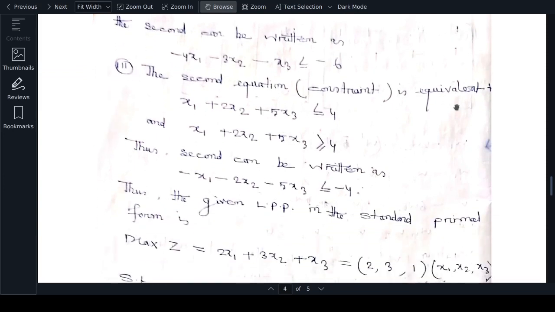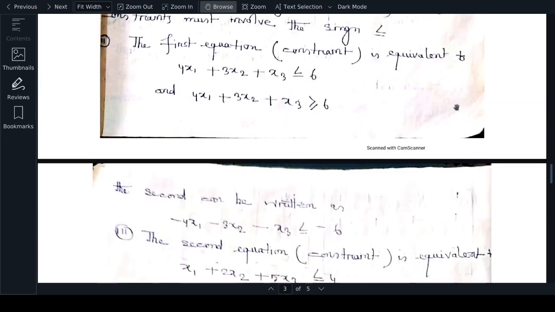Here you see, I have written the first constraint in the solution part. First we write the given problem in the standard primal form as follows.